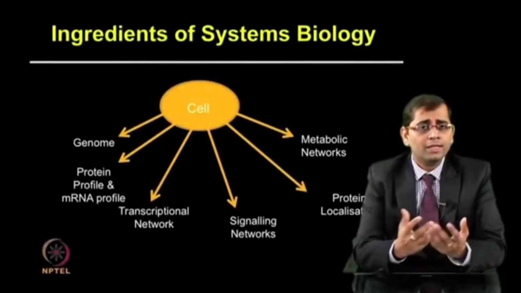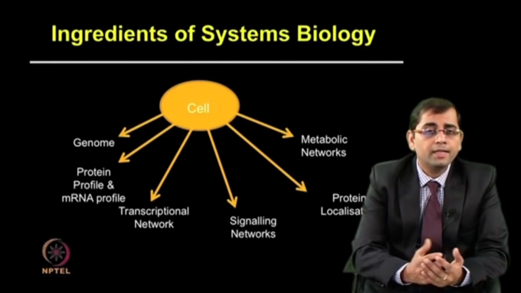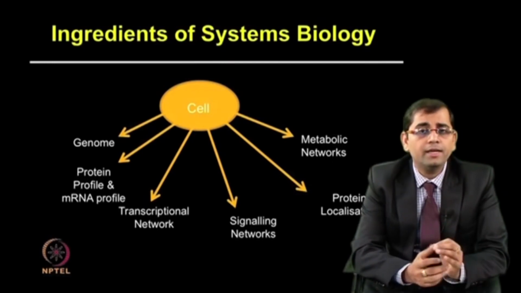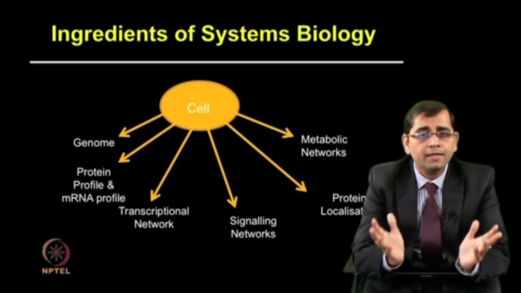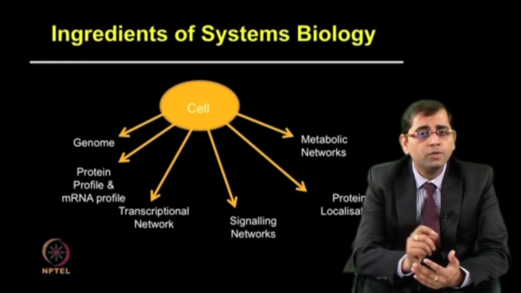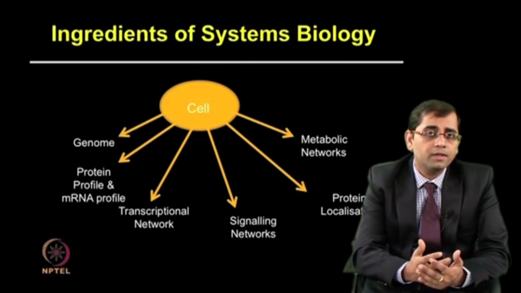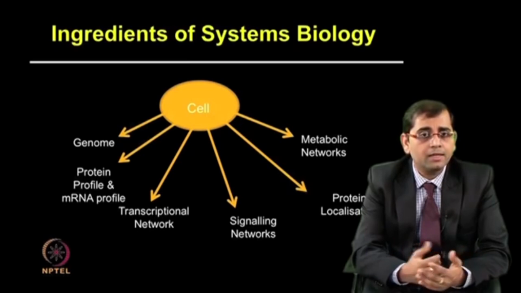The next 2 lectures, 17 and 18, will cover proteomics and systems biology. So what is systems biology? Systems biology is the examination of a biological entity as an integrated system rather than studying its individual characteristics, reactions and components, and that is what is termed systems biology.